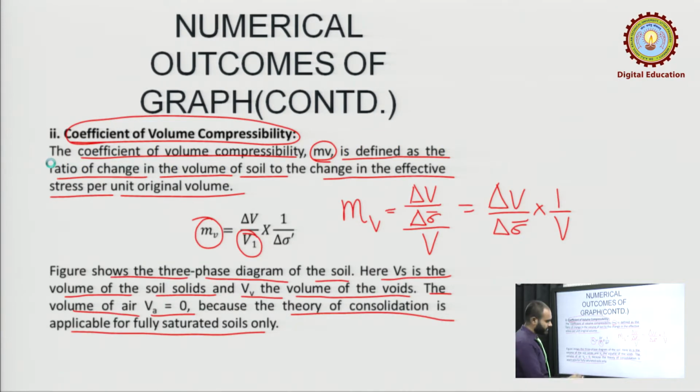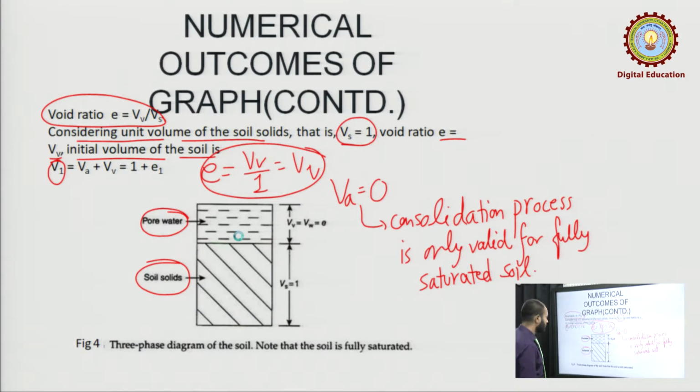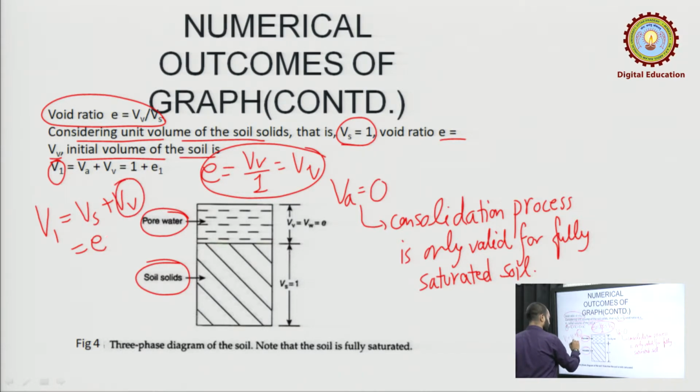So, what will be V1? V1 will be equal to Vs plus Vv. What is Vv? It is e, and what is Vs? It is 1. So, V1 will be equal to e plus 1. This is what is written here.